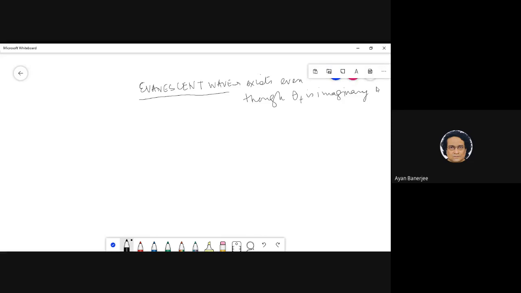Now let me pose this: why the hell should it be there? Let me ask you very strongly. Because you're clearly seeing that there is something called total internal reflection, right? This is essentially called total internal reflection.